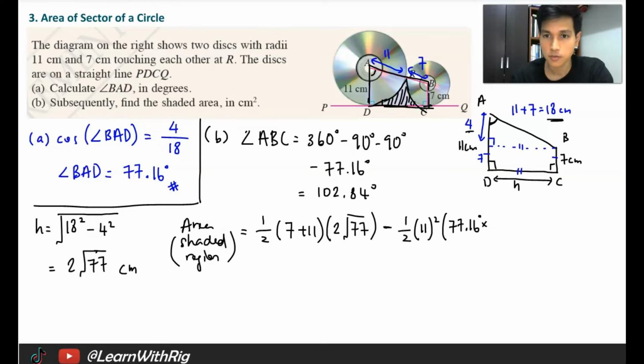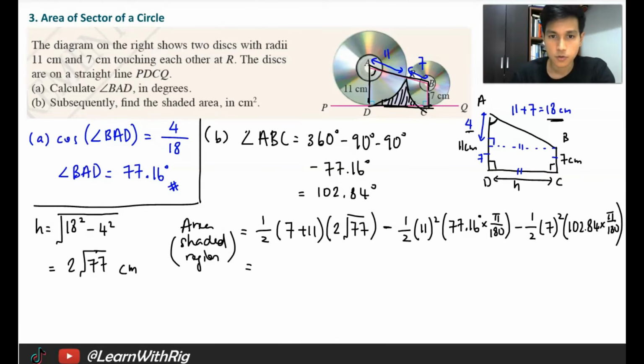Don't forget to change to radian, so times pi over 180. Then minus the second sector, 1 over 2 r squared, r is 7 squared, and the angle is 102.84 times pi over 180.